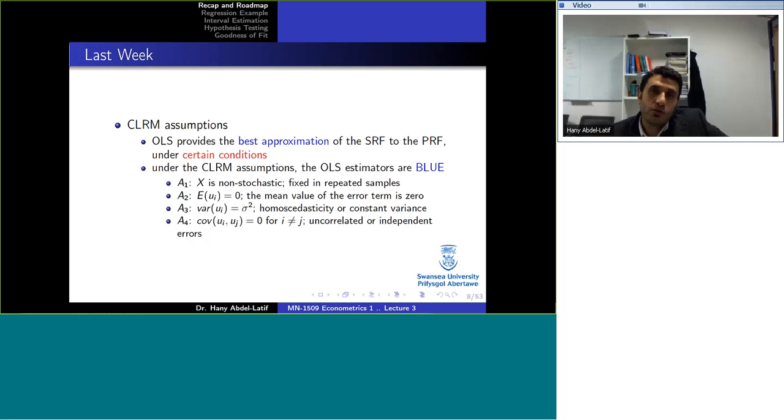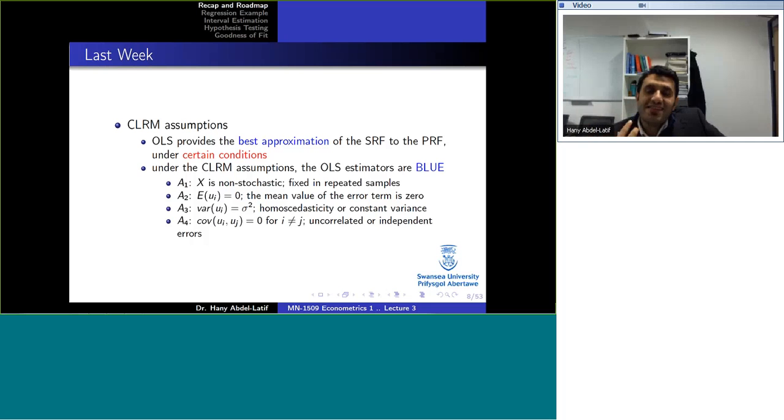Just remember, we're looking to have the best linear unbiased estimator. So what are these assumptions quickly? The first assumption is that X, the independent variable, is non-stochastic, fixed in repeated samples. The second, the expected value of the error, or the mean value of the error term, is 0.